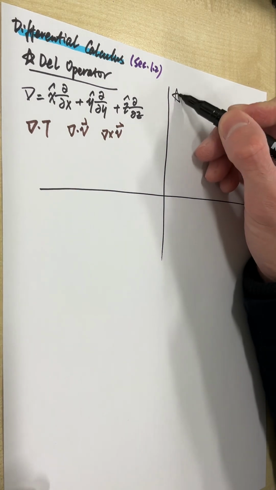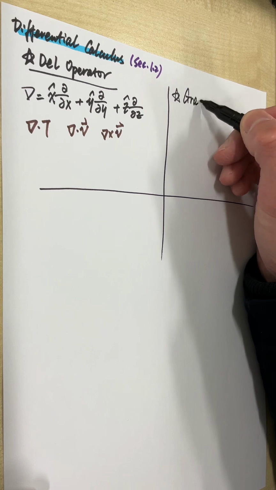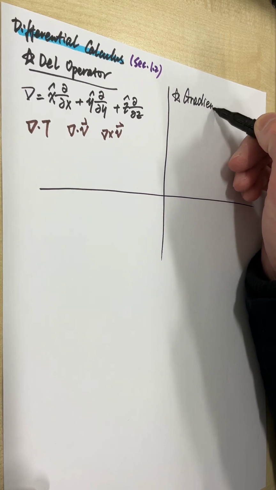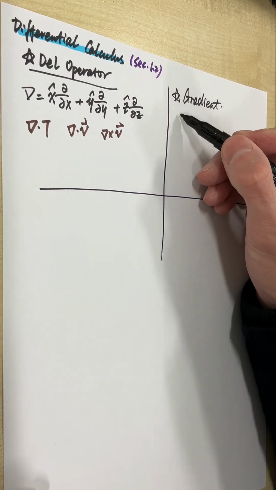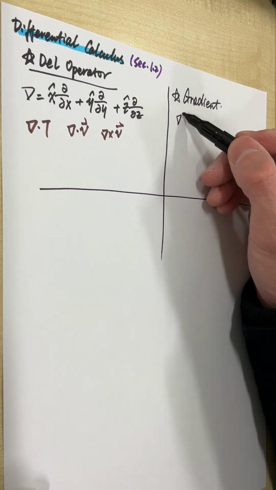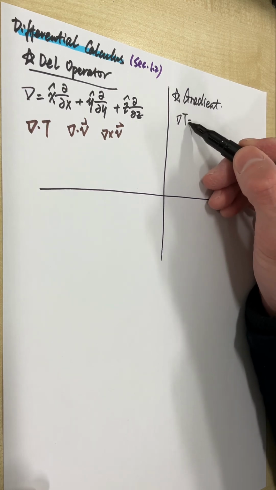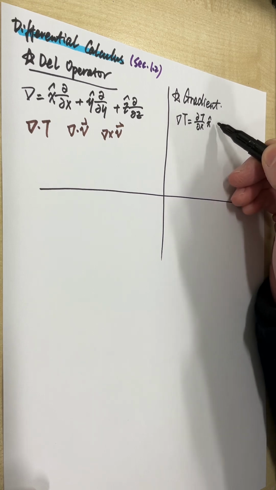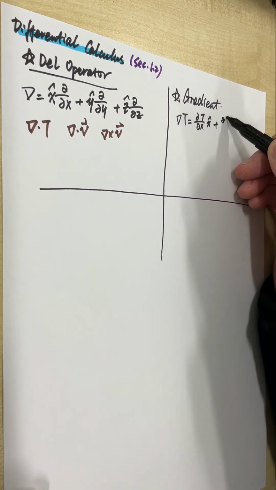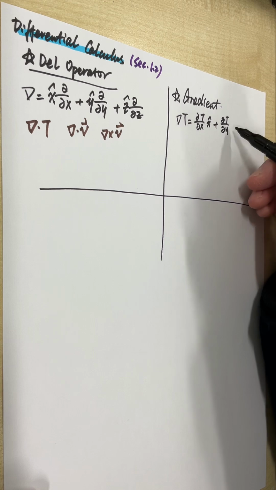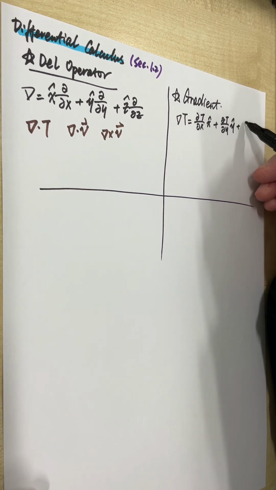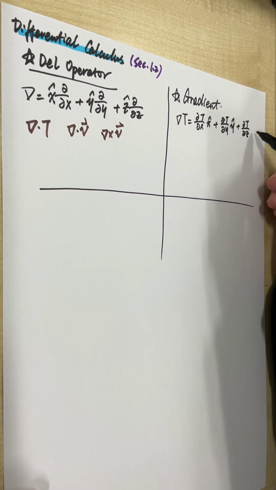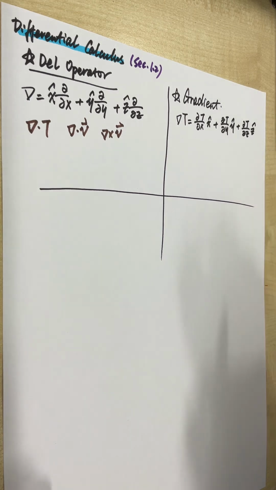First, we have gradient. By definition, what we have is the del operator on a scalar. We have dT/dx in the x direction, dT/dy in the y direction, and dT/dz in the z direction.